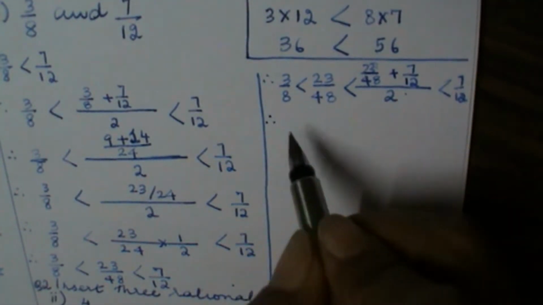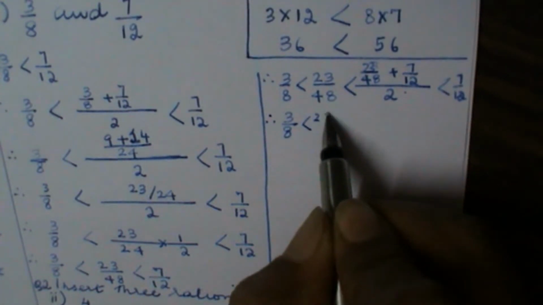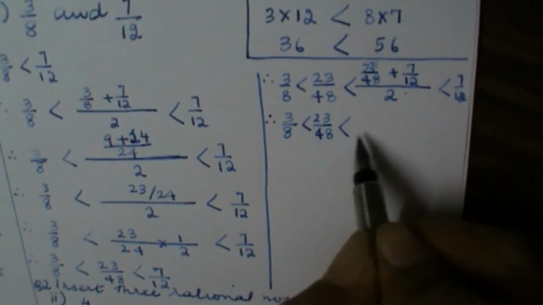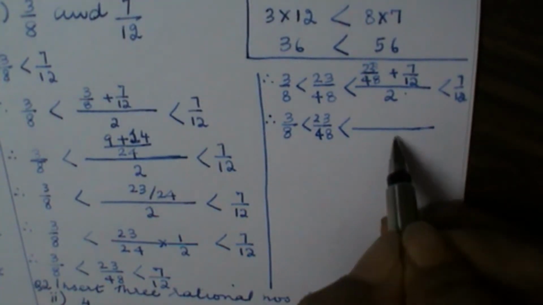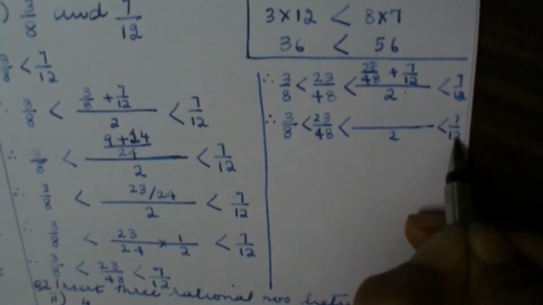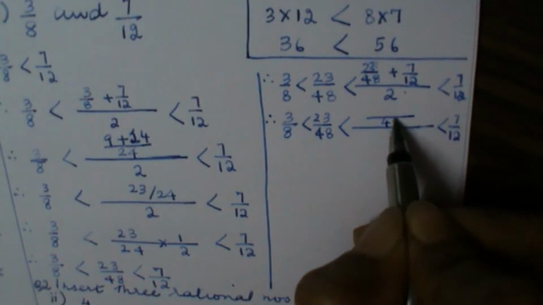so that will give me 3 upon 8 less than 23 upon 48 less than, out here I will write this and keep this ready, and LCM here will be 48.